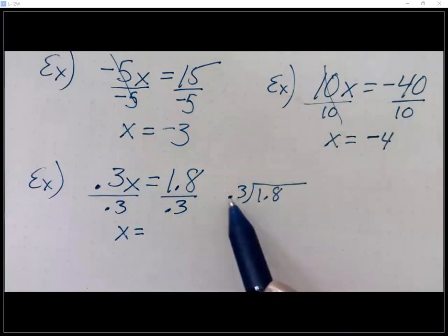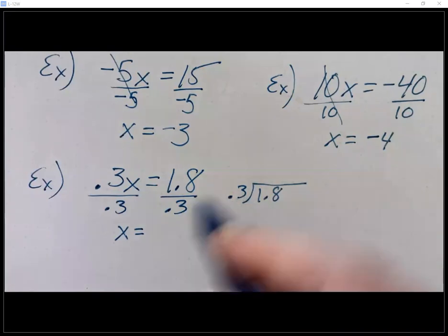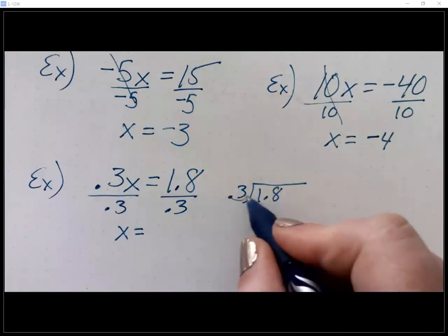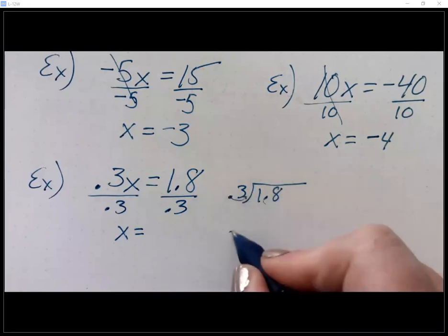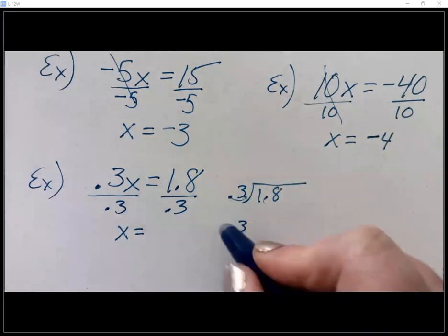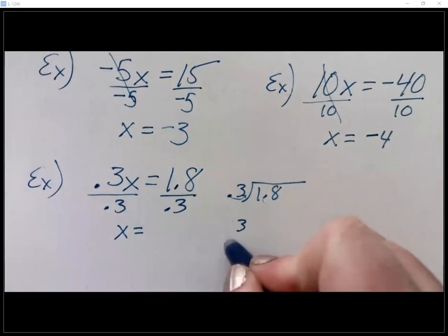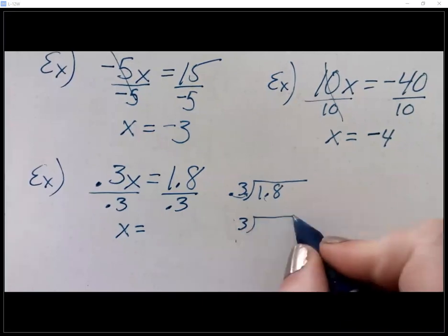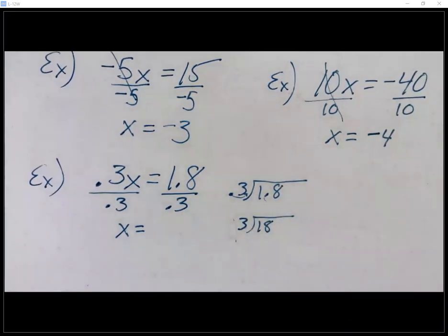You move the decimal. Exactly. So I have to move this one spot. Oh wait, sorry, it's not going to be 0.3 anymore. It's going to be a normal 3 divided into 18. Well, I know what that is. 3 into 18 is just 6, isn't it? So that's my answer.